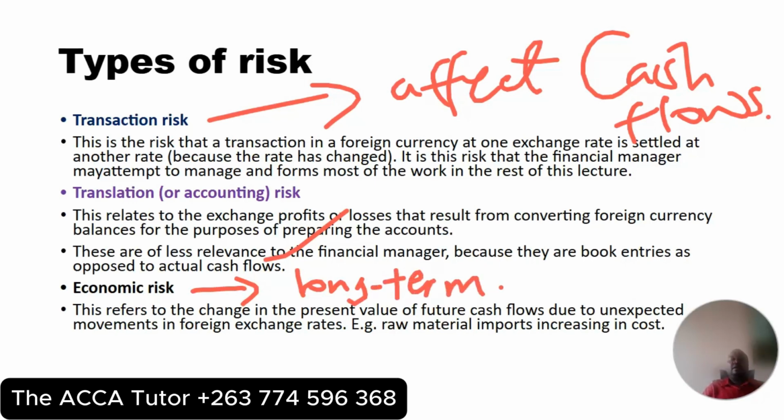In the longer term, if situations are not addressed, then we are likely to suffer some losses financially. So we are looking at the present value of future cash flows deviating from our expectations owing to the movement in long-term exchange rates.